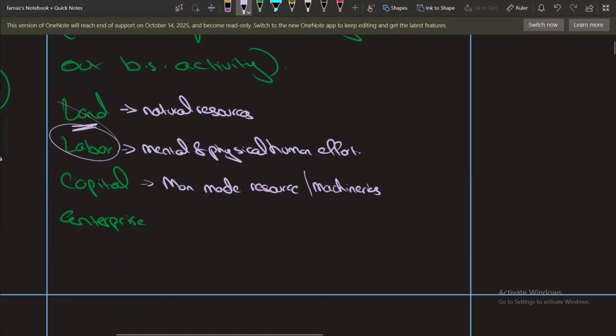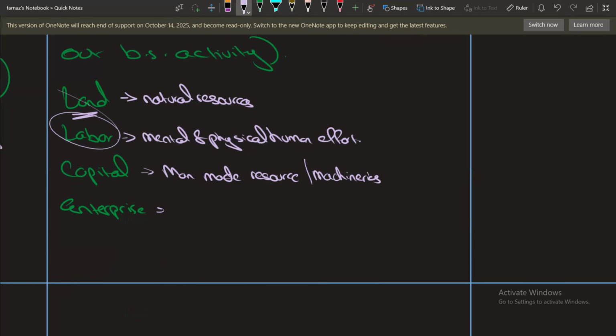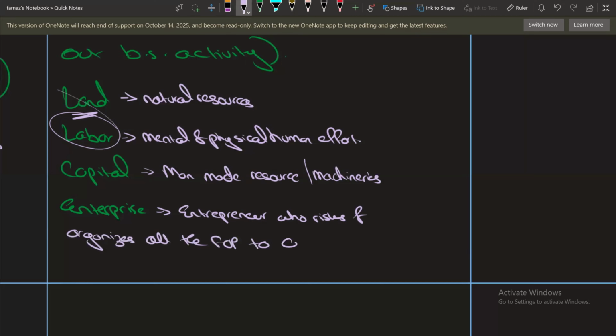And what is enterprise? Very easy. Enterprise is taken from the word entrepreneur, which is an individual who risks and organizes all the above factors of production to come up with an innovative idea.